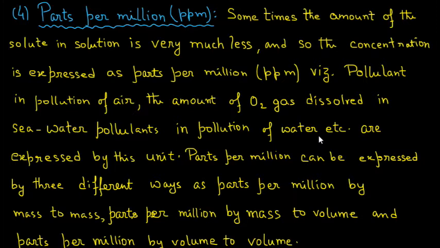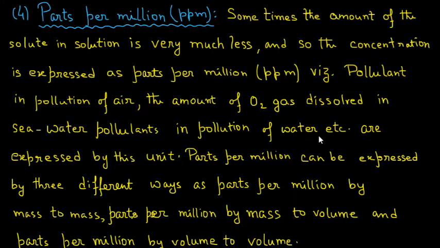The pollutant can be carbon monoxide, but its percentage is very less. It may be 0.004, something like that. So these types of concentration measures, which are very small, are expressed as parts per million.